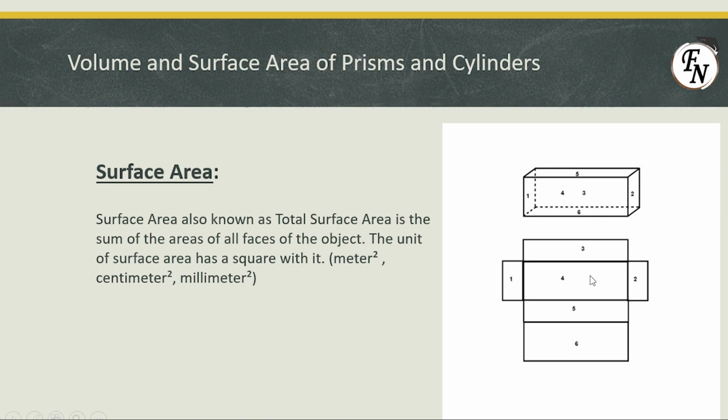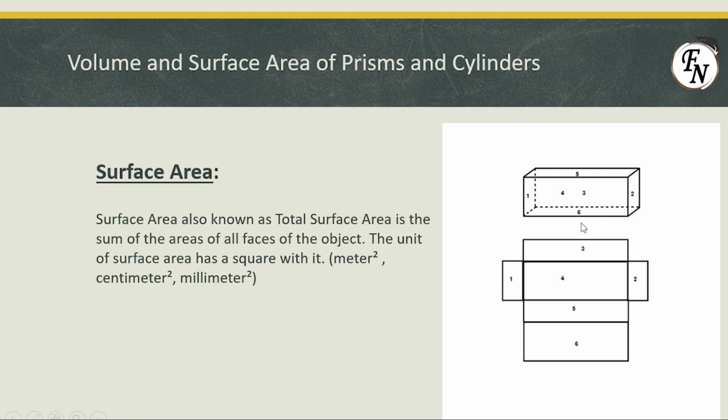So if I want to find the surface area of this cuboid, I will find the area of this rectangle A1, this 2, 3, 4, 5, 6, and I will add them up to obtain the surface area of this complete shape. That means all the faces, this face 1, this face 2, the top one, the bottom one, the front towards you, and the back face, all the faces, we will find the areas of all the faces and add them up to obtain the surface area.